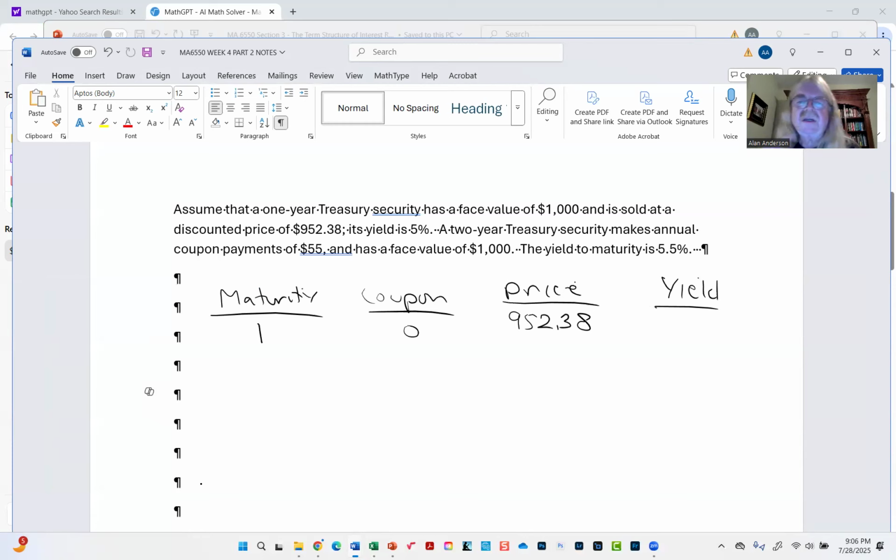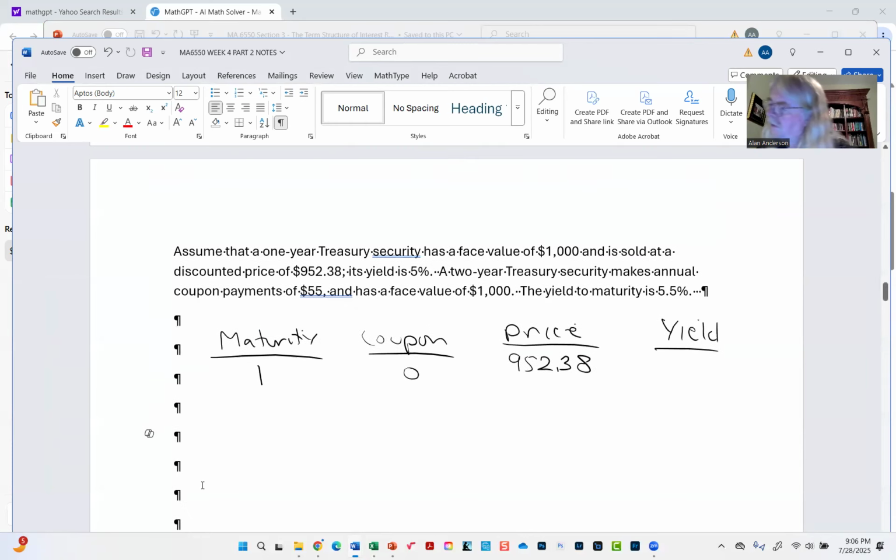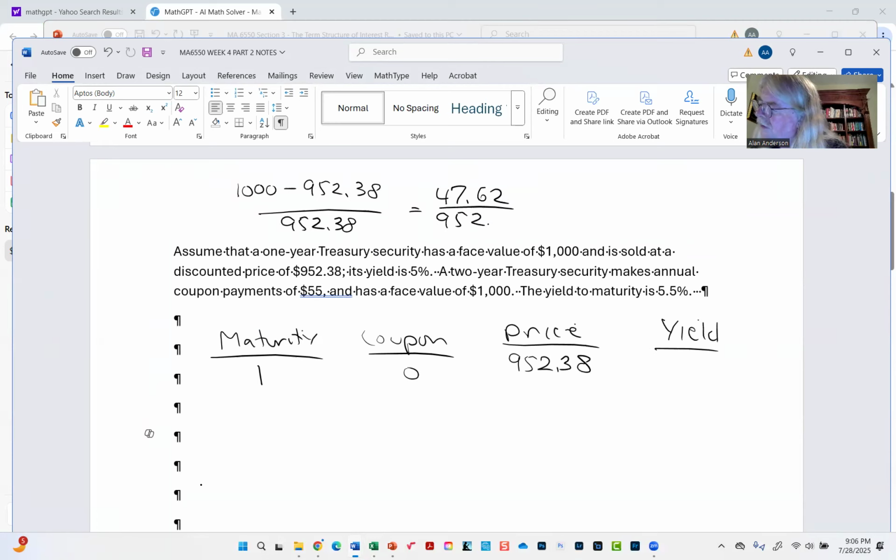Now the yield is 5% because, if you read it, this is how you formally figured out the yield. 1,000 minus 952.38 over 952.38 is 47.62 over 952.38.